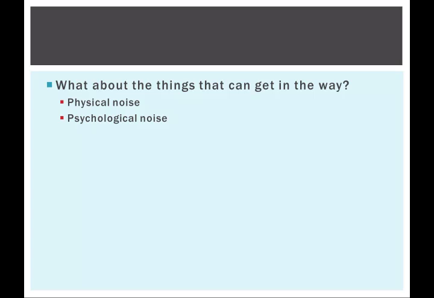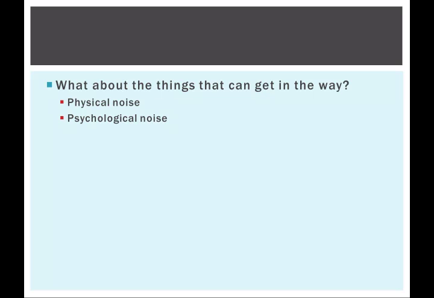It can also have an effect on the receiver. So physical noise that has an effect on the receiver can be the same types of noise, but it inhibits the message from being effectively received or decoded. So it will be hard for that individual to interpret or comprehend the message in the correct manner. So again, physical noise is anything that is external that is inhibiting the message from being sent or received.